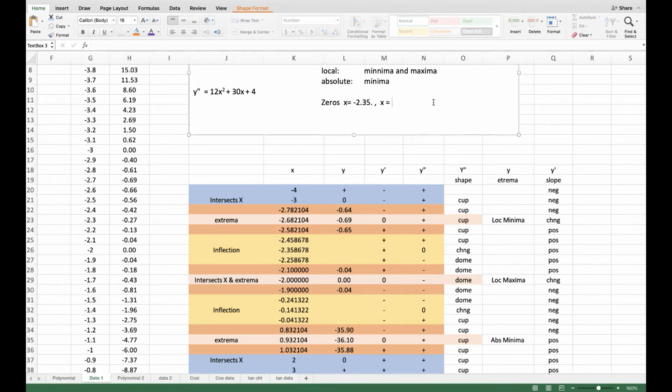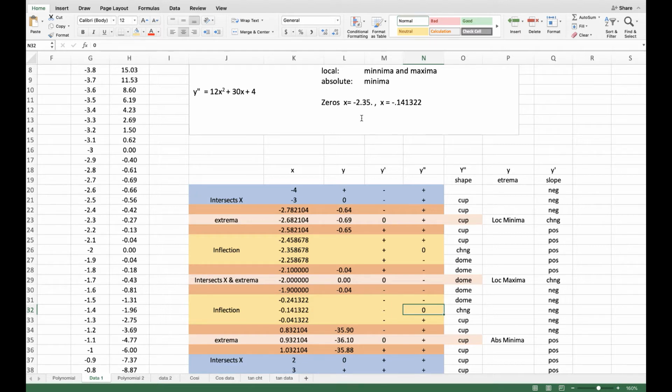Negative 0.141322. So that's what those nice square roots that we had worked out to give us.